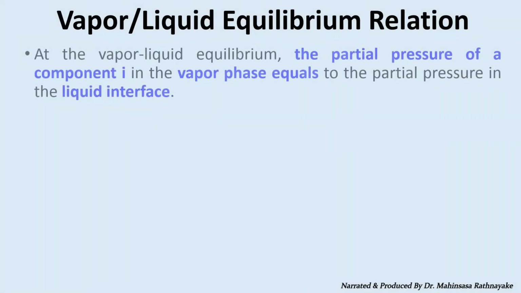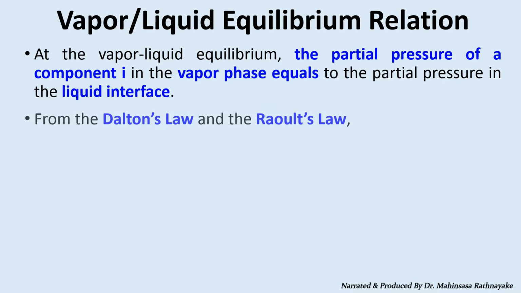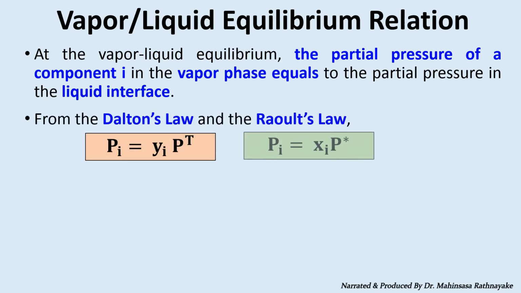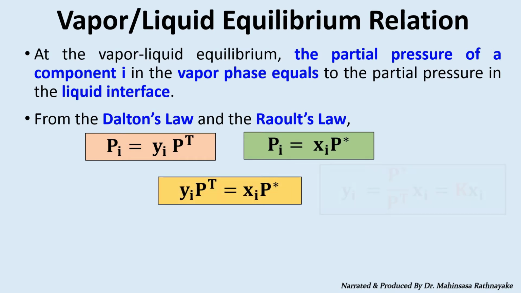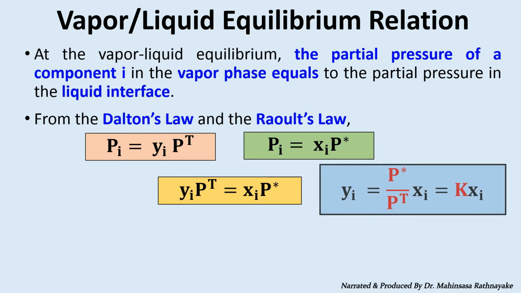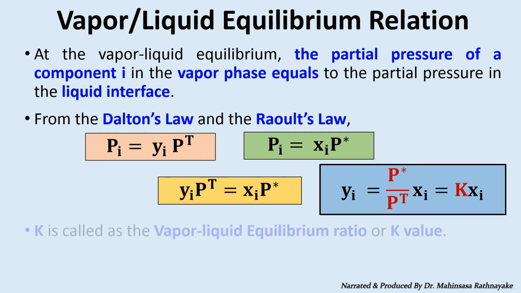At the vapor-liquid equilibrium, the partial pressure of a component i in the vapor phase equals the partial pressure in the liquid interface. So from Dalton's law and Raoult's law, the general equilibrium relation for the vapor and liquid phases can be written as the formula shown on the screen. The final equation can be applied to any system, either ideal or non-ideal.